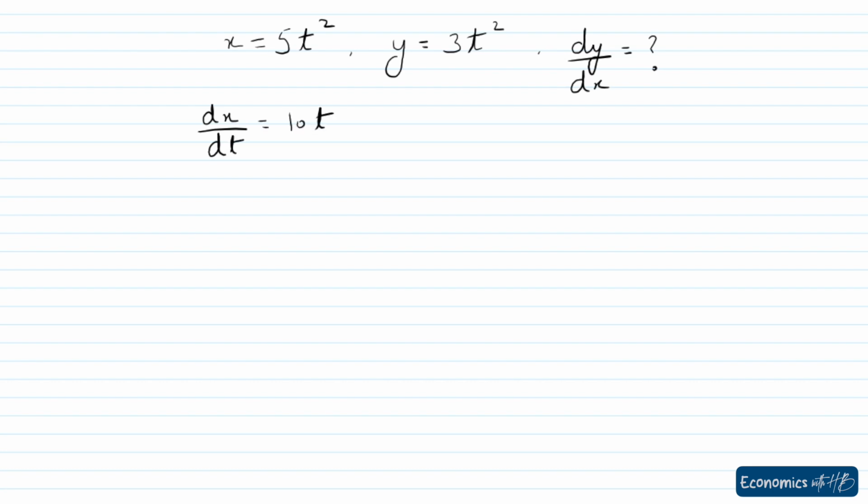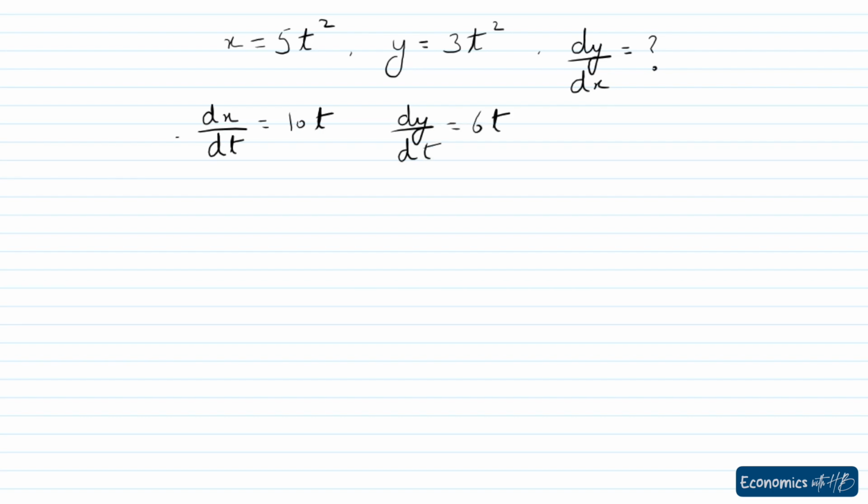And now let's see some examples. Say x is equal to 5t square and y is equal to 3t square. Find dy by dx. So dx by dt is 10t and dy by dt is 6t. But we don't want dx by dt, we want dt by dx.